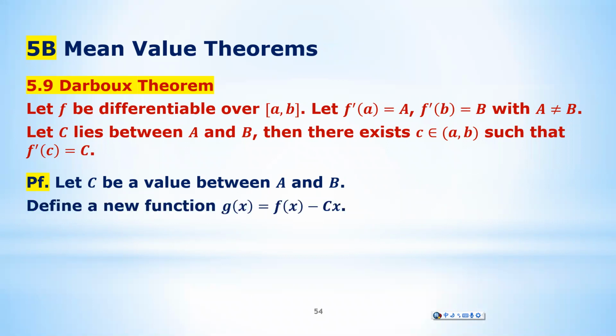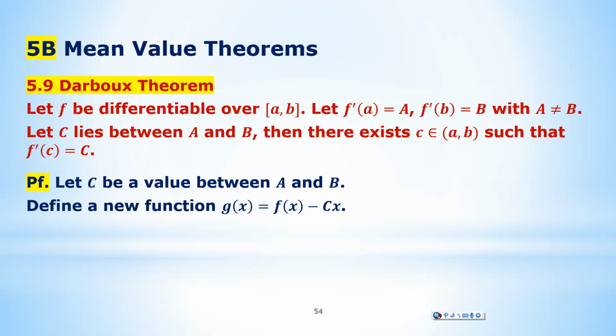Okay, so here the trick is I define a new function called g(x). g(x) equals our original function minus Cx. Capital C is the value we are given, which I know is between f prime of a and f prime of b. So Cx is a very simple function, just a linear function.